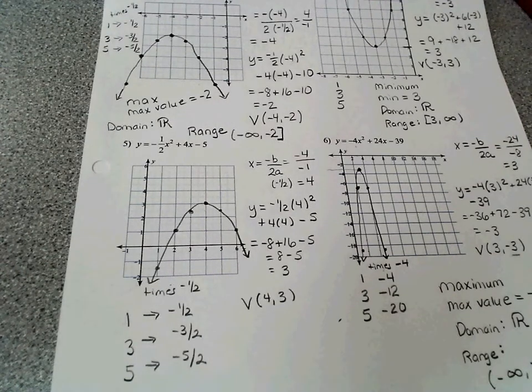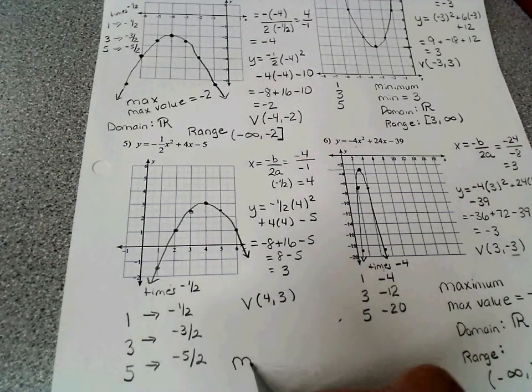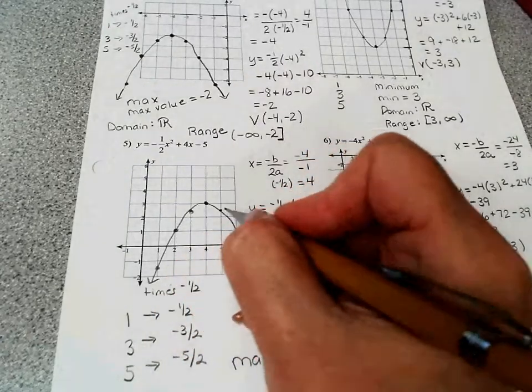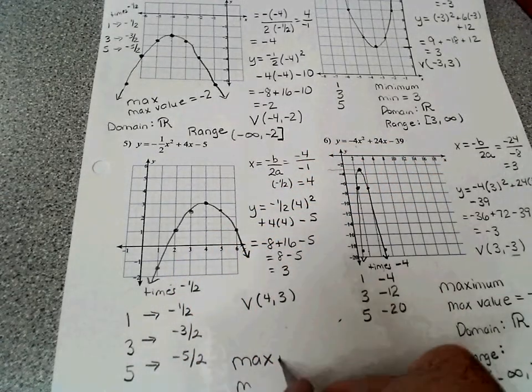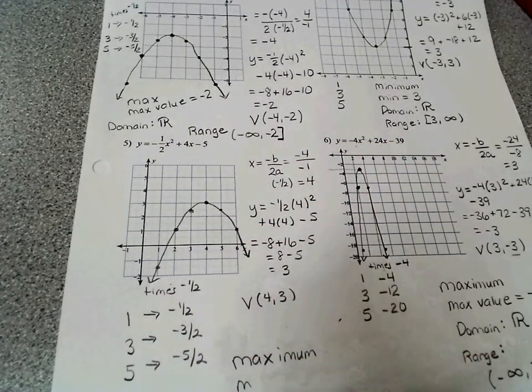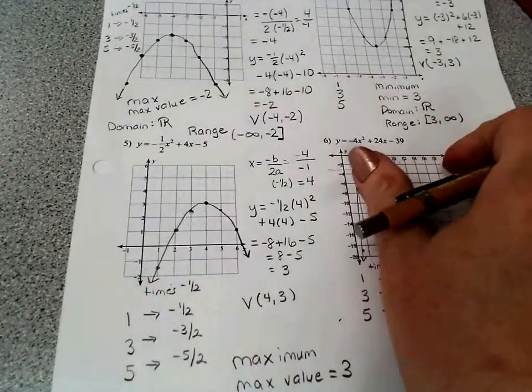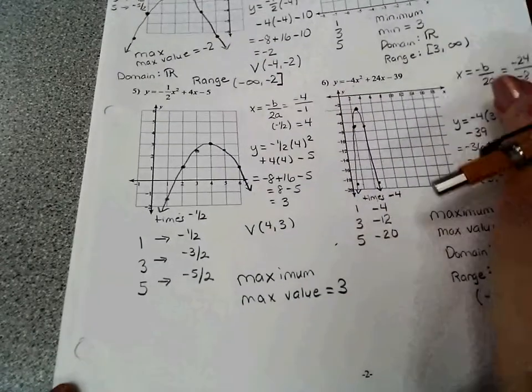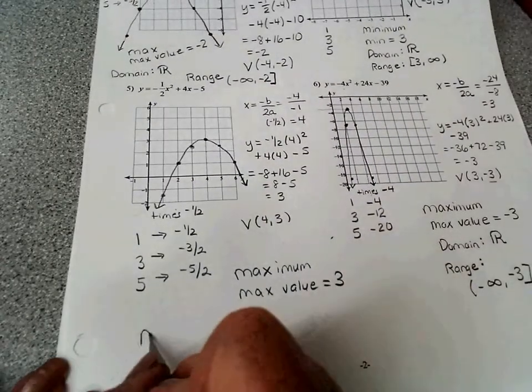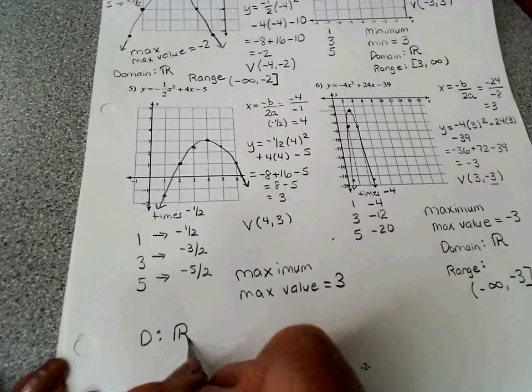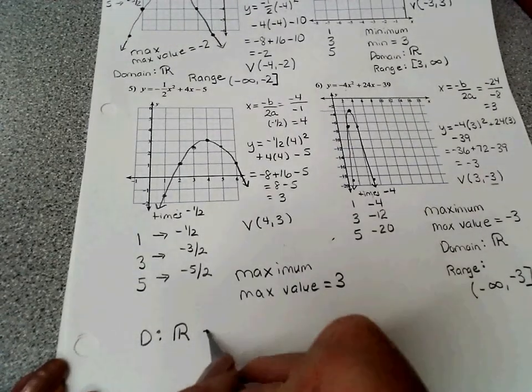Okay. Now, this one has a max because it opens down. And the max value is 3. It's the y of the vertex. My domain is all reals.